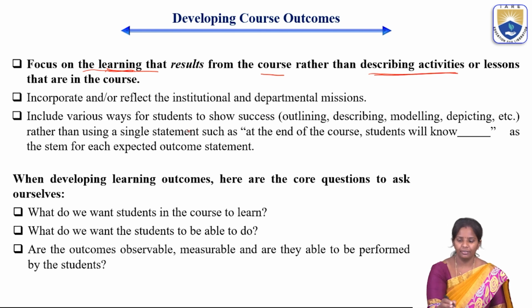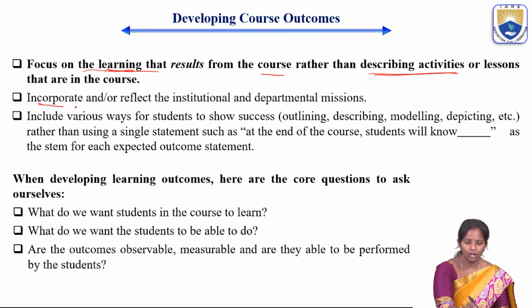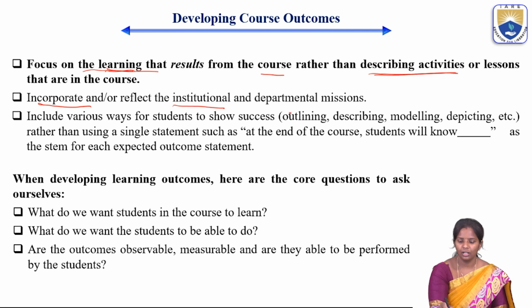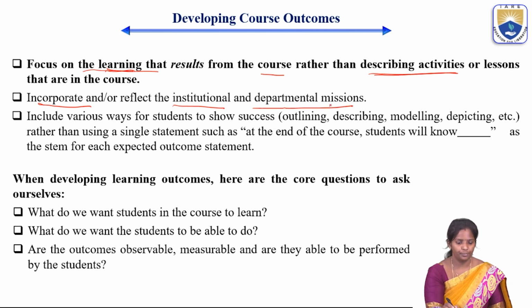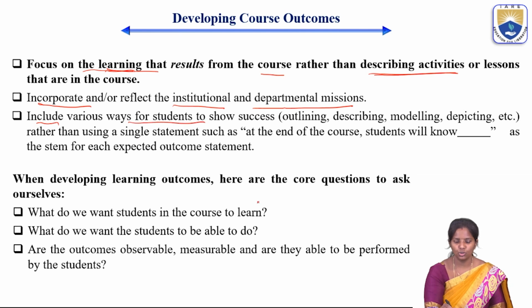Those different verbs have to be considered before we are writing any course outcomes. Incorporate or reflect the institutional or departmental missions and include various ways for students to show success. Example like outlining, describing, modeling, depicting, etc.